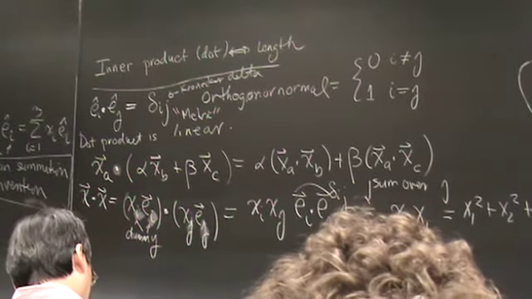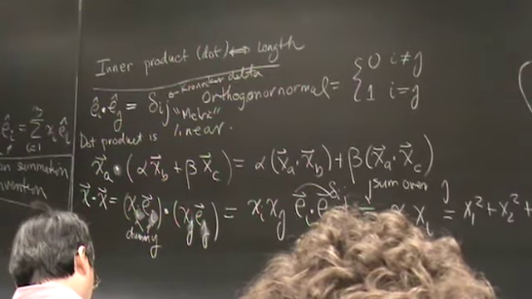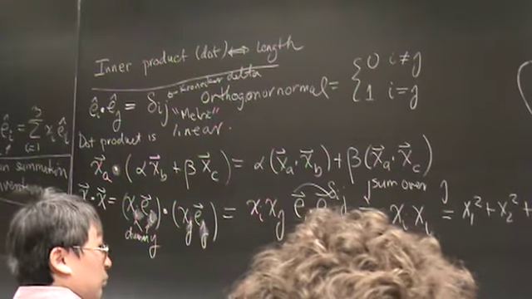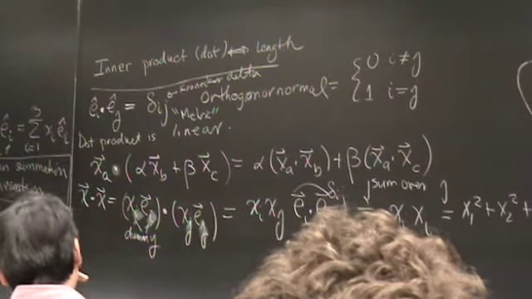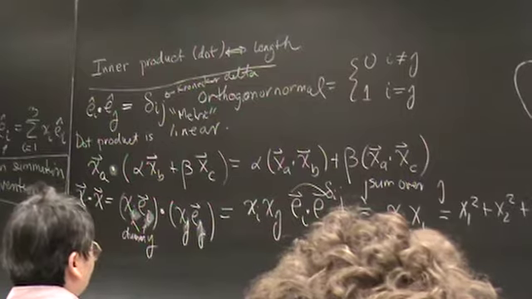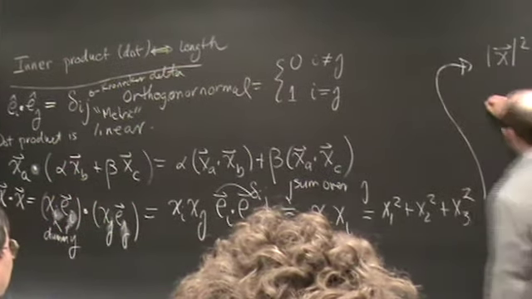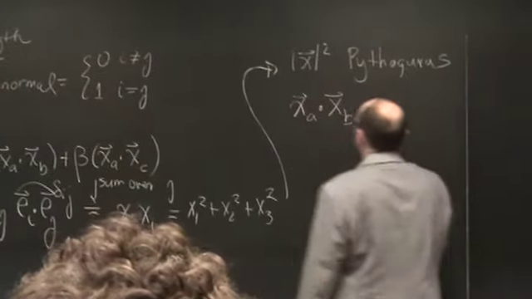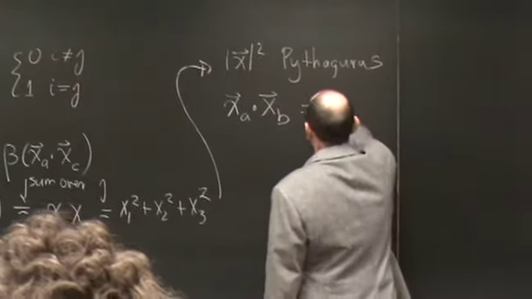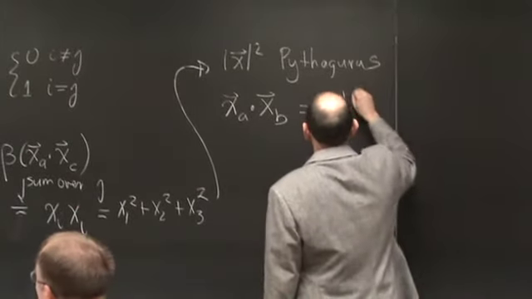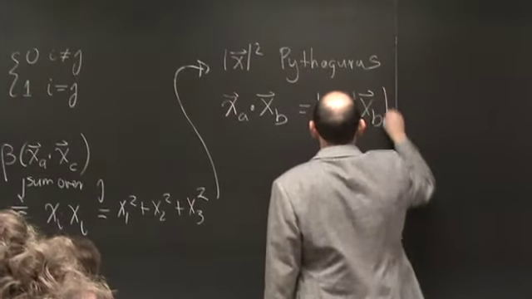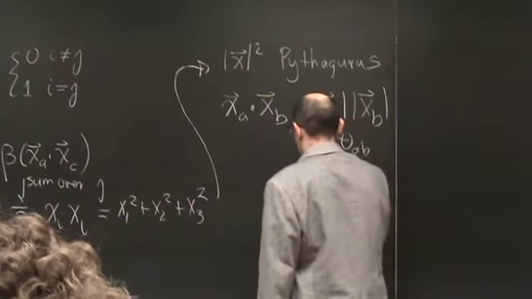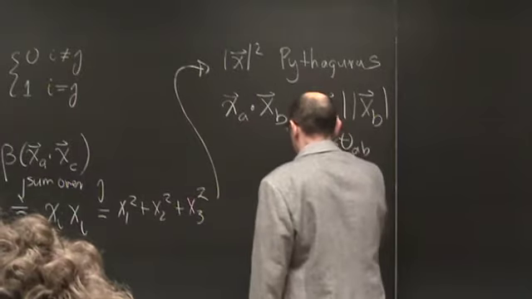In this case, it's a trivial metric, but we'll talk about more complicated metrics when we talk about relativity. Of course, we also have, from the law of cosines, that if I look at the dot product between two vectors, I can also express that in terms of the magnitudes of the lengths times the cosine of the angle between the two vectors.